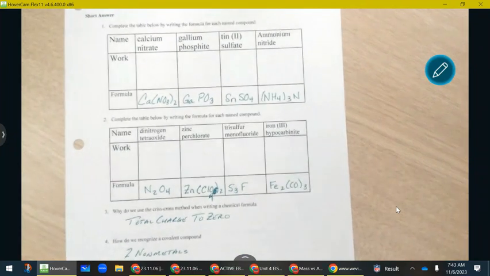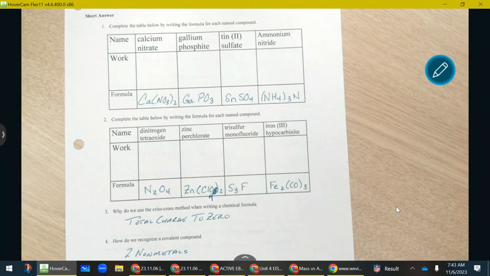You will either be writing formulas or names for 60 of the 70 points. There will be questions like you see on the bottom here, which will be the last 10 points or so of the test. And there will be about 6 or 7 points of bonus questions.